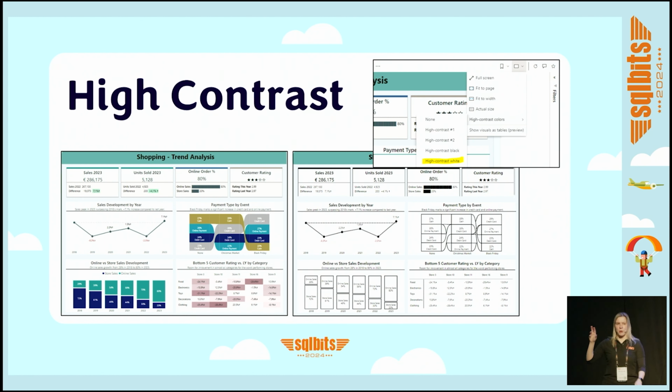Power BI also offers some options. I tried all of them. None of them was working for my design, because I do a lot of conditional formatting and colors and fixed backgrounds, except high contrast colors. What high contrast colors does, it makes your report black and white, which is awesome. Then I don't have to do it myself.